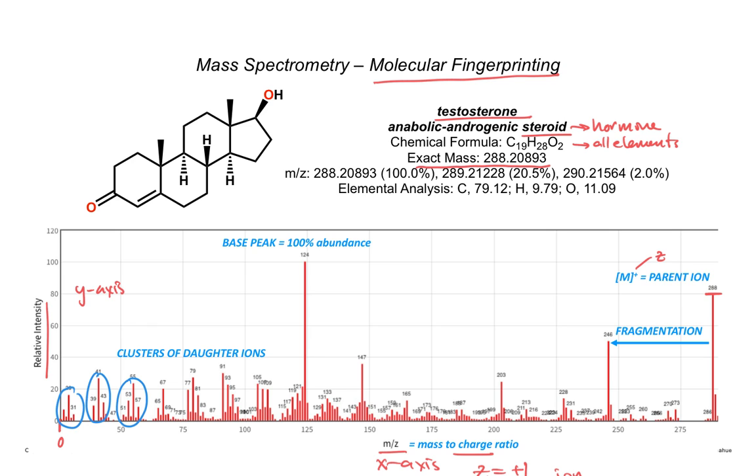We're not going to worry too much about interpreting them, but the only other thing we need to look at is something called the base peak. The base peak is the peak that has 100% abundance. And as we see on the y-axis, there's 100%. Really what you're doing is just scanning over, and then you see you have this signal at 124.